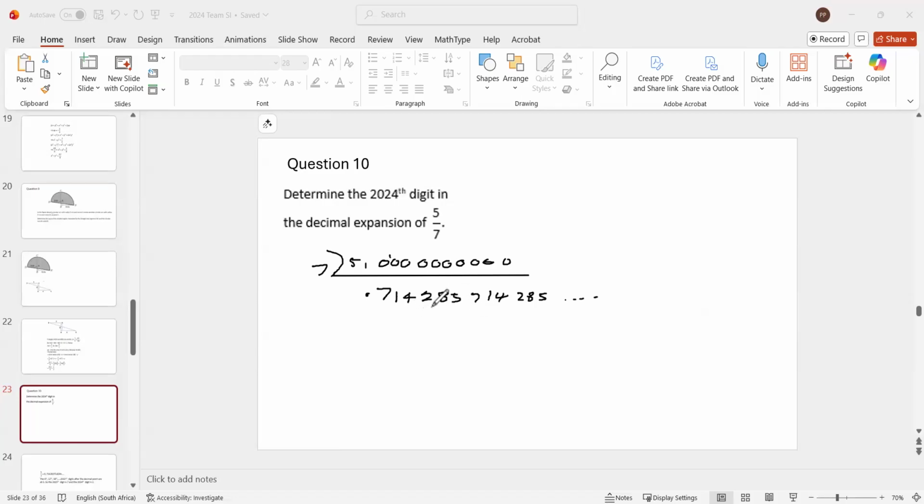So you see the 6-digit number 714285 is repeated. So you'll see the 6th, the 12th, the 18th, after every 6 steps, and so on, are all 5.